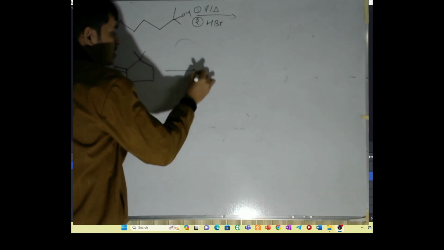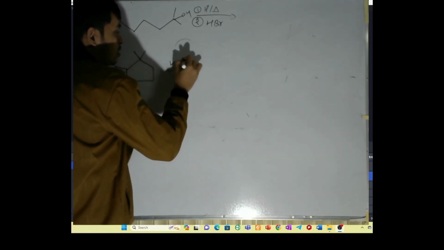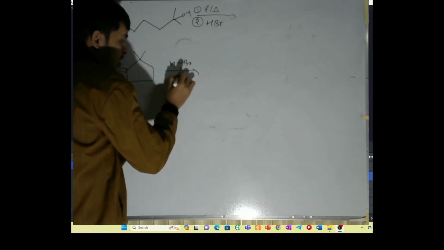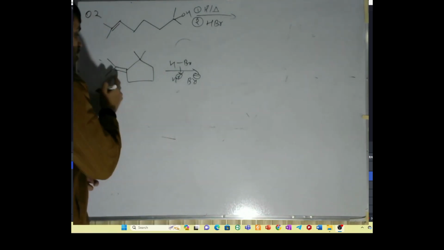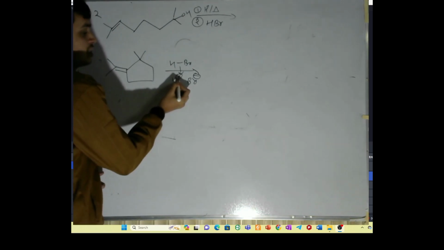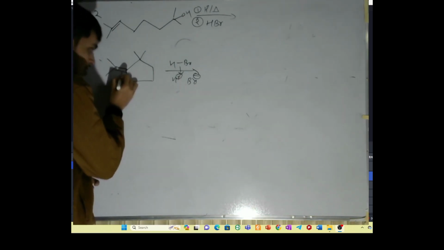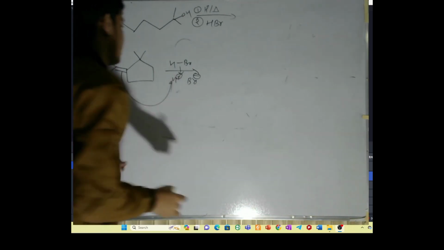Now let's react it with HBr. Here we can break HBr as H+ and Br minus. So this pi bond is again an electron rich center, and this is the electron deficient species. So this again attacks this H+.